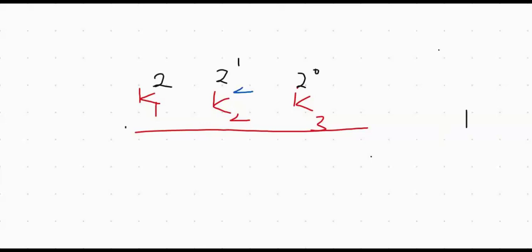Then in K1, 2 power 2, which gives you 4. Now this 4 means you can start by writing the first 4 zeros, then you end with the last 4 ones. Or you can start with the first 4 ones, then end with 4 zeros.